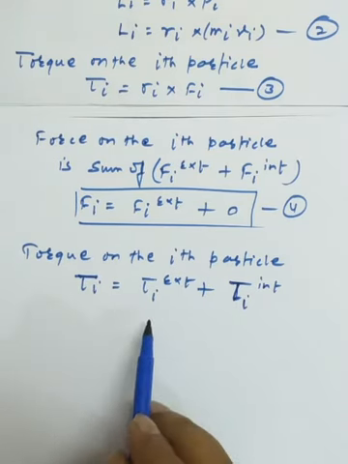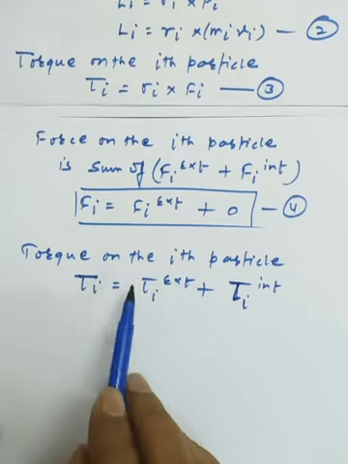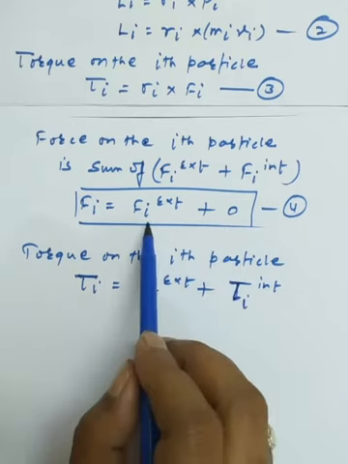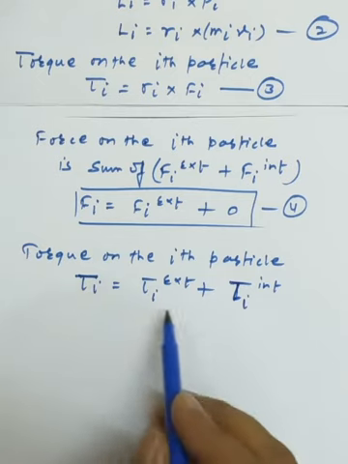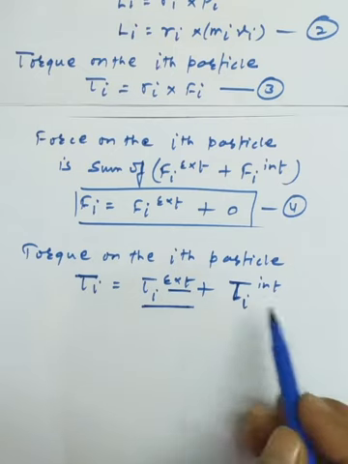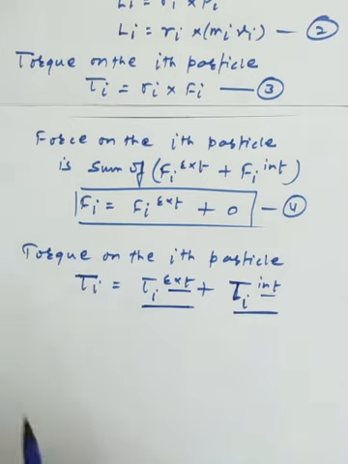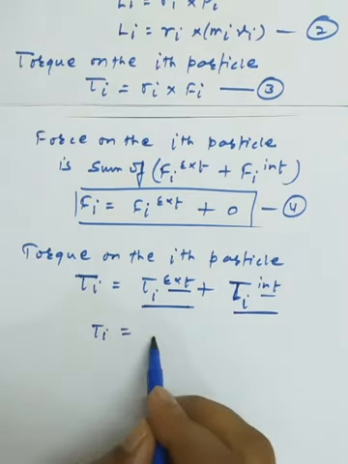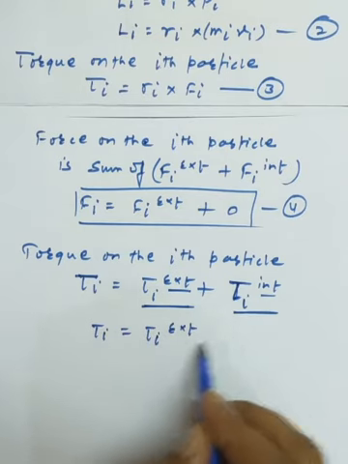So here we use the concept of linear motion, where the system has internal forces as well as external forces. So we are using the same concept. Further, we assume the internal torque is zero, so the torque on the ith particle is only due to the external torque.